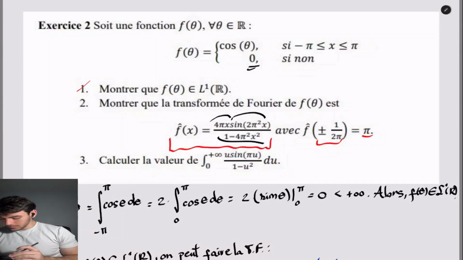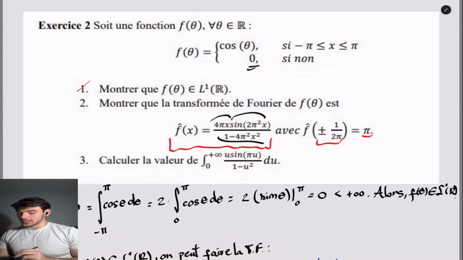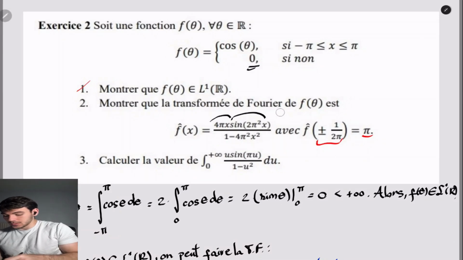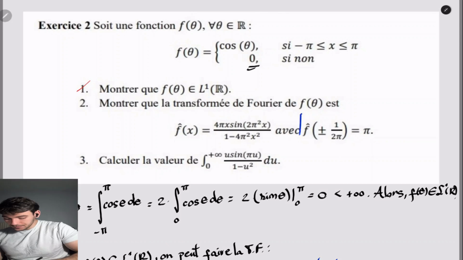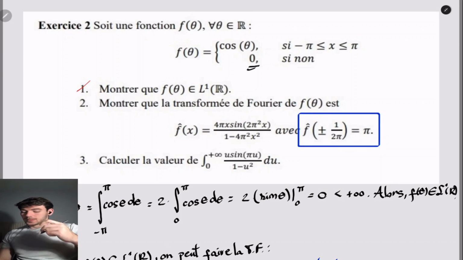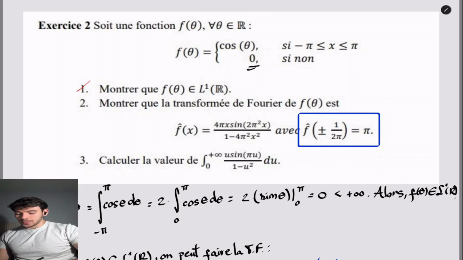Okay, so you can see that we haven't finished question 2 because we found the transformation of Fourier. But here we have this. So we need to show that the value of our transformed function at the points 1 divided by 2 pi and minus 1 divided by 2 pi is equal to pi.